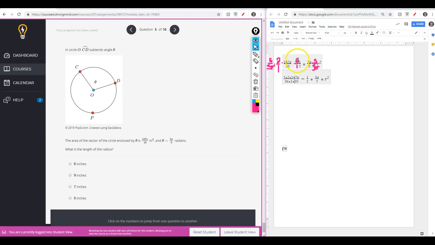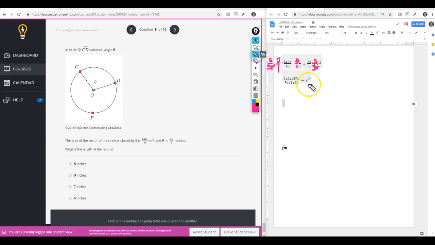On this half, 2 times 1 is 2, and 1 times 2 is 2, so we would end up with 2 over 2, which reduces down to 1. And then on this half, 3 pi times 5 would be 15 pi. 5 times 3 pi would be 15 pi. So we would end up with 15 pi over 15 pi, which reduces down to 1. 1 times r squared is r squared because it doesn't change its value.